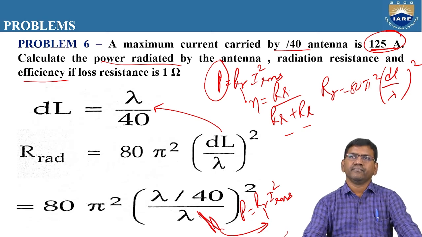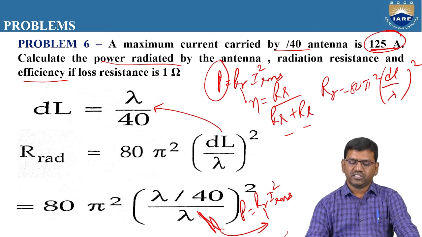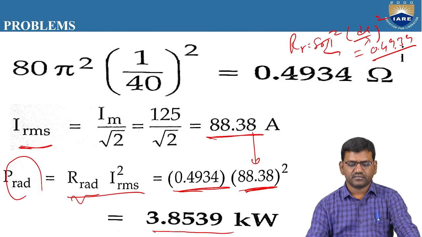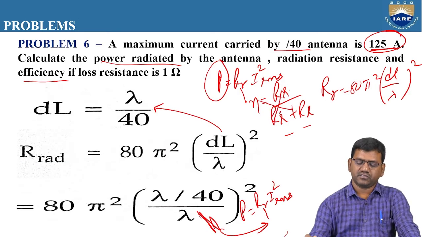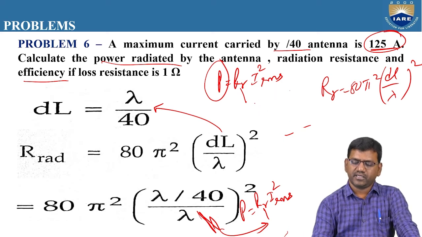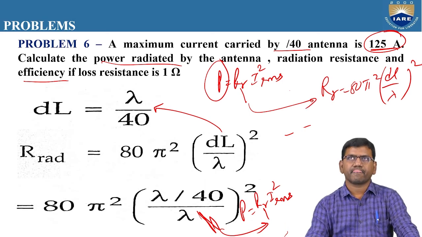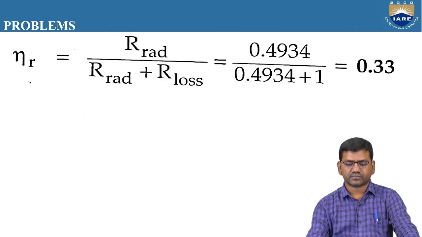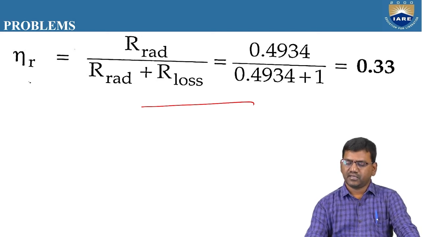So P is equal to RR into I square RMS. To determine RR, we used the expression RR is equal to 80 pi square into dl by lambda whole square. And to determine the efficiency, we use finally the expression RR by RR plus RL.